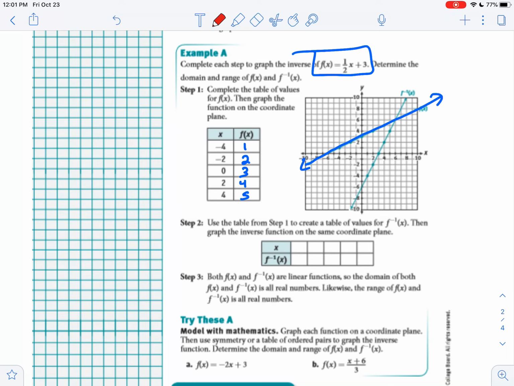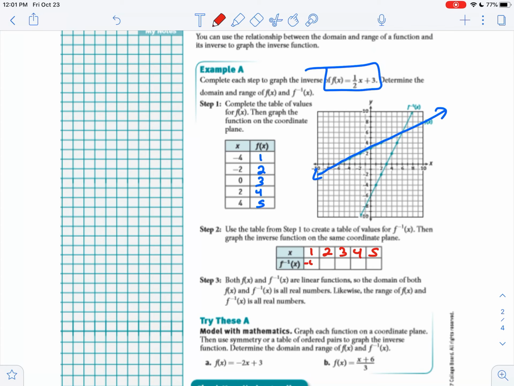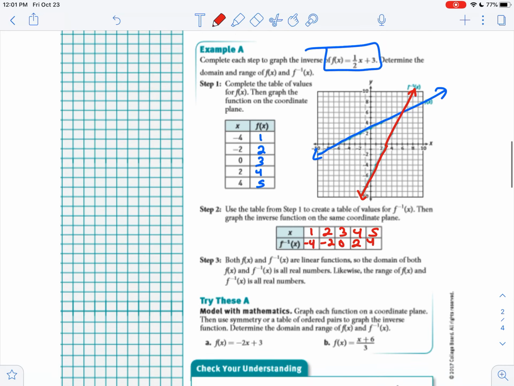When we graph the inverse of that function, we should see the switching of the x and the y. The range values now go in place of the x's. So we're going to put in 1, 2, 3, 4, 5, and we'll see come out the domain values, which were -4, -2, 0, 2, and 4.